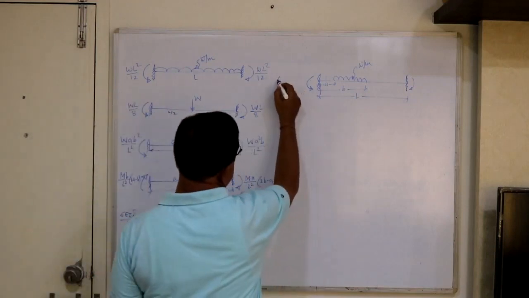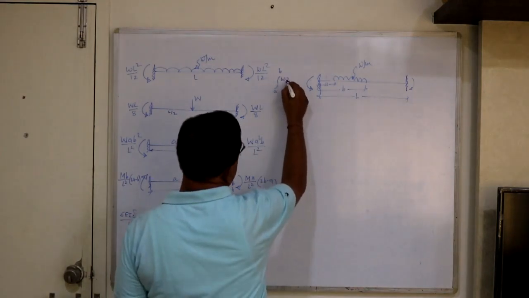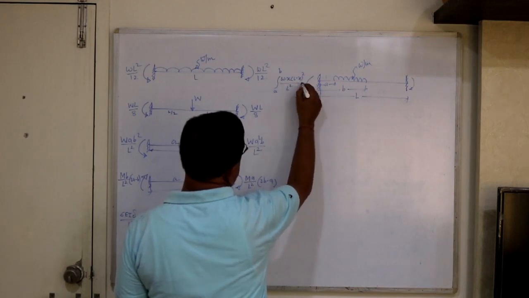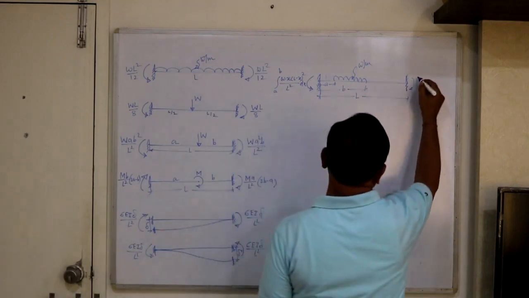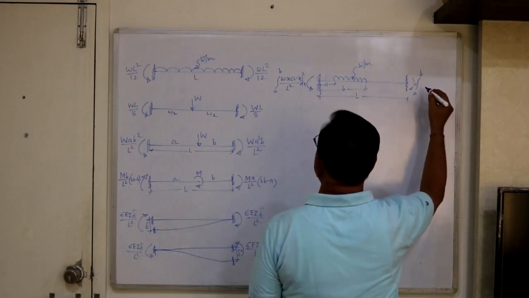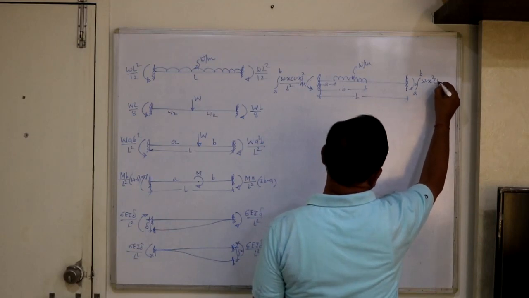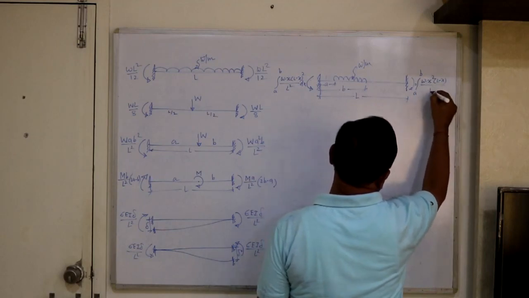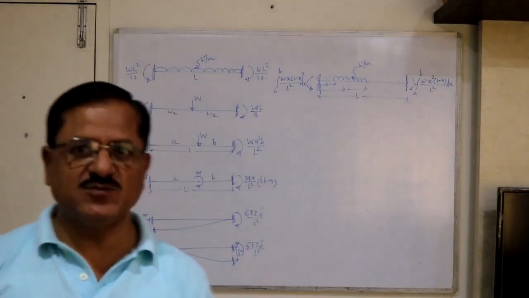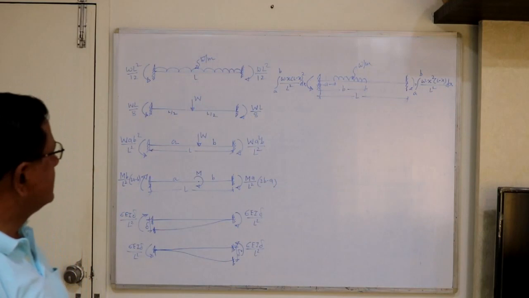We have already seen, for A to B, this end moment is the integral from A to B of W into X into L minus X squared upon L square dx, and the other is W into X square into L minus X divided by L square dx. So for our partial UDL, we can find the fixed end moments using this formula. I think we have almost covered all the cases.